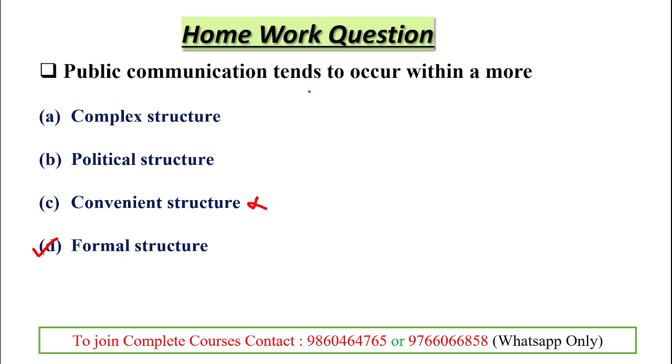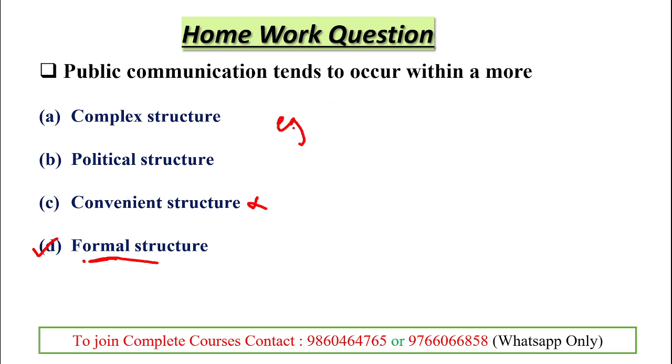Public communication tends to occur within a more formal structure. So this is the right answer. Don't make mistakes in this question because it is a simple question. Clear? So public communication tends to occur within a more formal structure.